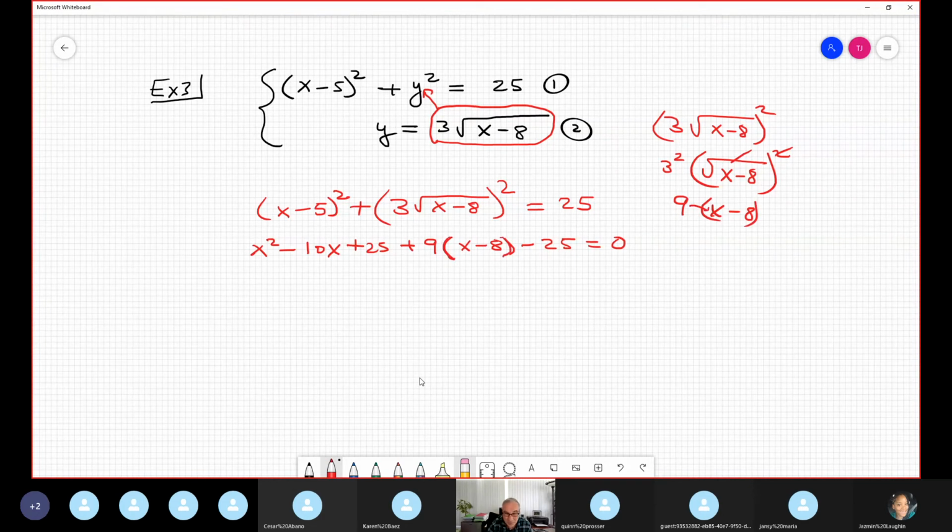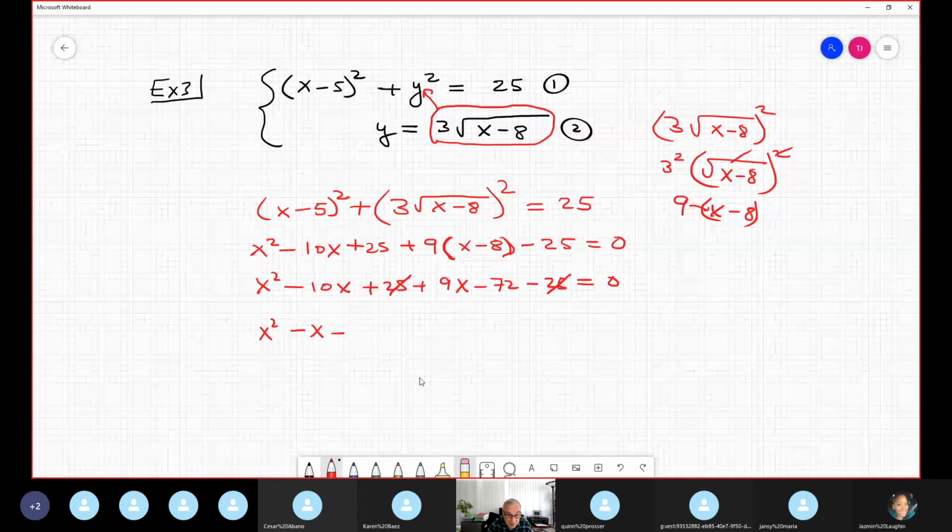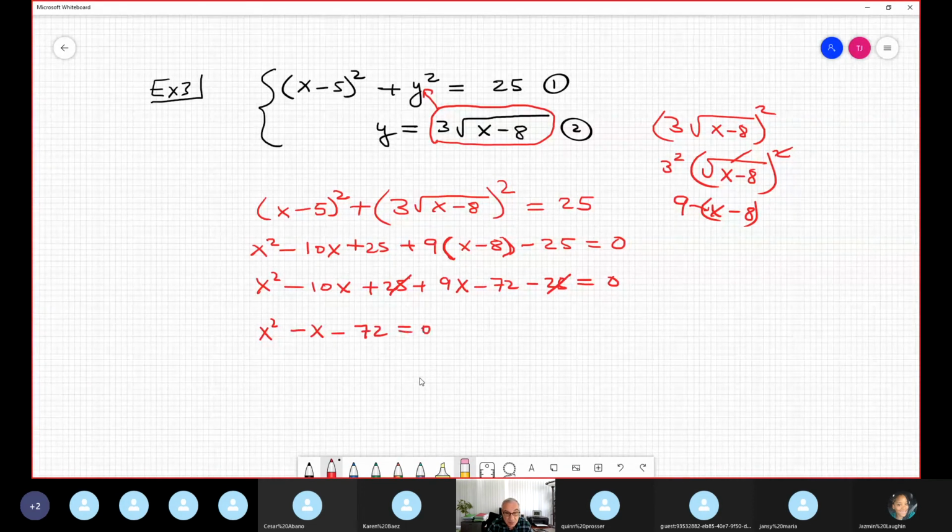So x squared minus 10x plus 25 plus 9x minus 72 minus 25 equal to 0. We are ready to combine. Well, 25 positive and 25 negative cancel out. Negative 10 and positive 9 is negative 1. Stays 72 equal to 0. And this is my quadratic equation that I need to solve.